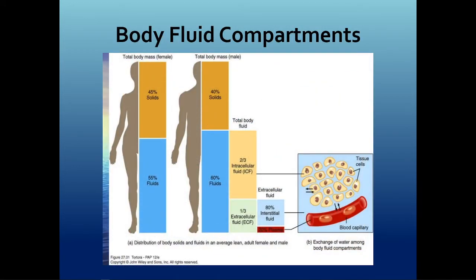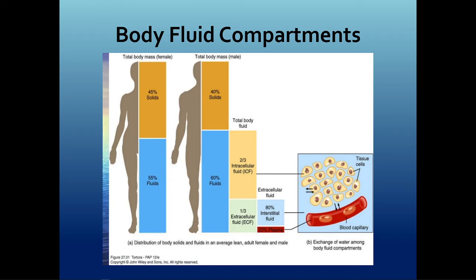So when we look at the body, we're going to divide it into some compartments as far as mass. So I stated earlier, a good portion of your body is fluids. Here in this picture, it shows 55% for males, 60% for females, and that ratio can go up even higher depending on how hydrated we are.